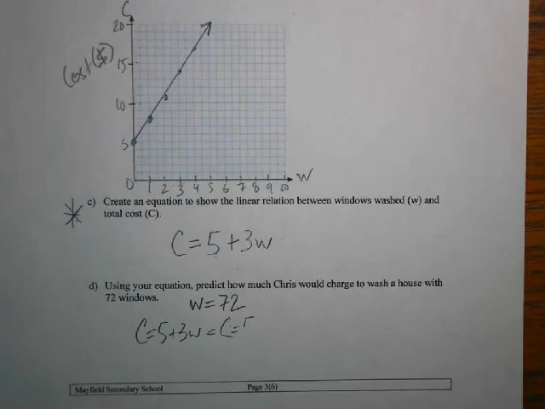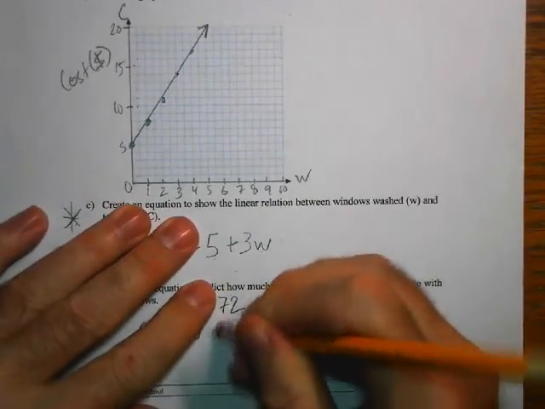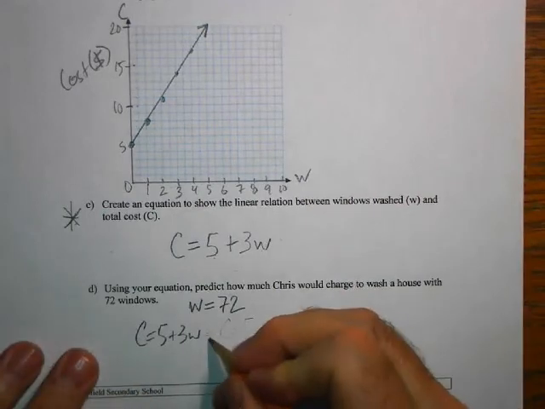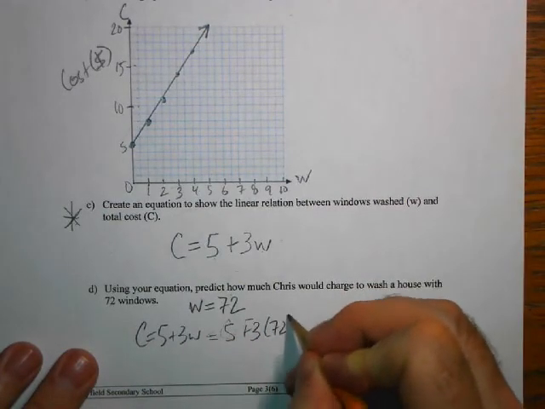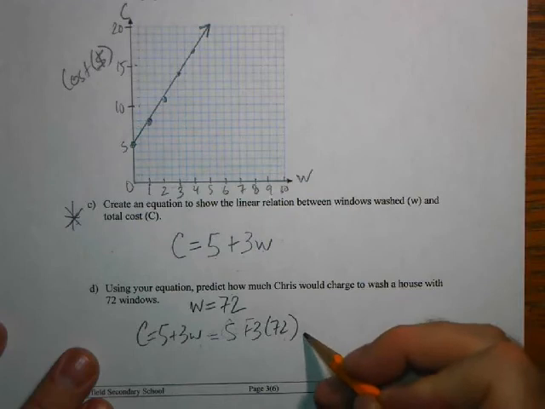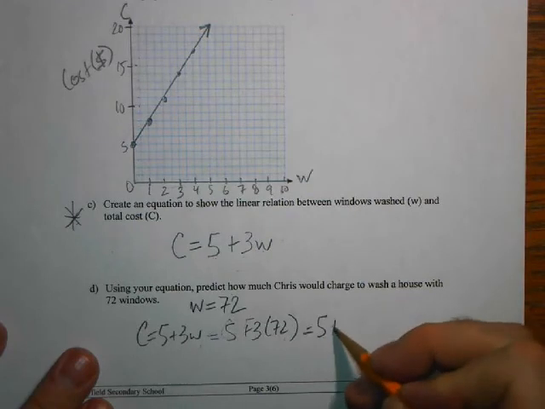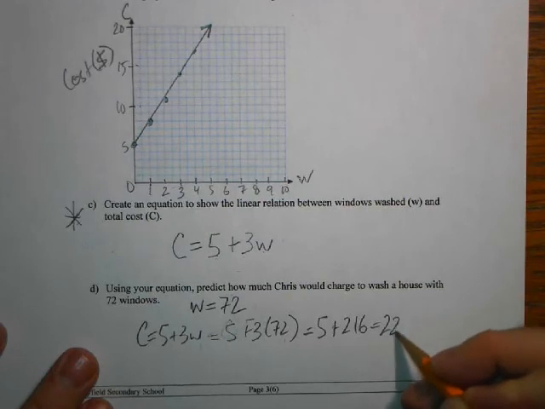So that's equal to 5 plus 3 times 72. All I did was change the W to 72. It's multiplying with 3, and that's equal to 5 plus 216, which is equal to 221.